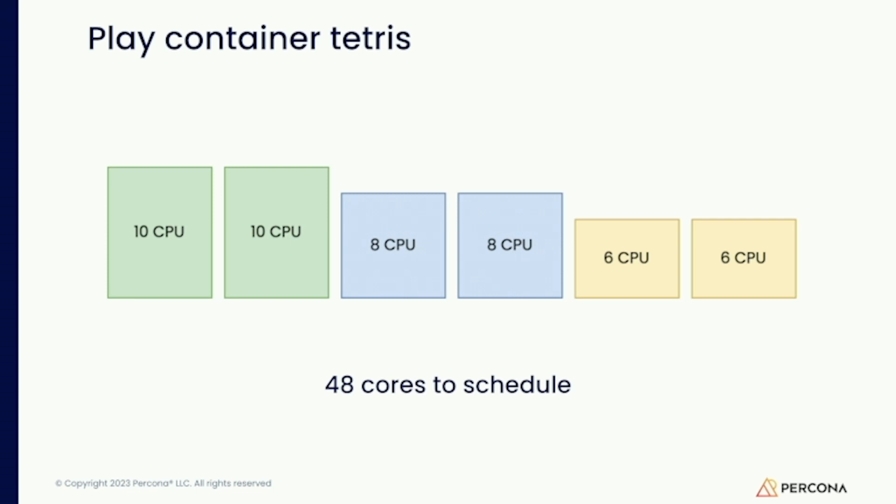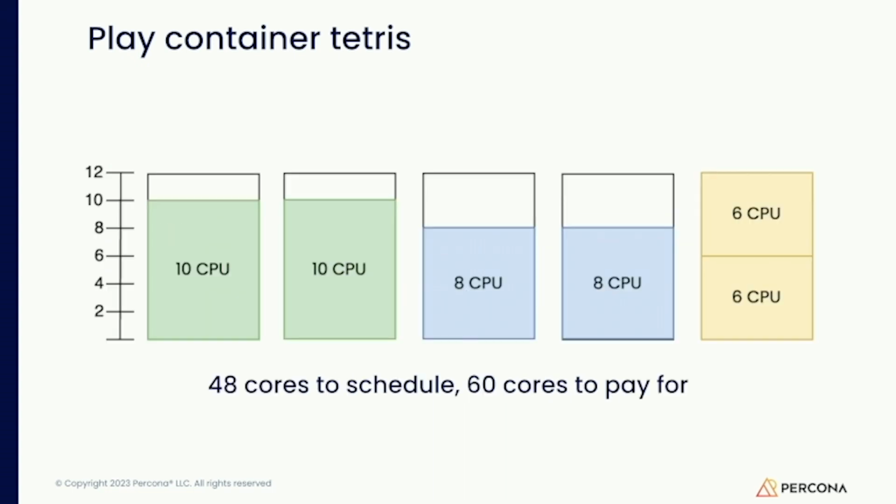So you need resources for 6 containers in Kubernetes. 2 will need 10 CPUs, 2 will need 8 CPUs, and 2 will need 6 CPUs. And if you take worker nodes that have, for example, 12 CPUs available, you will need basically 5 of them. So you will need to schedule 48 cores, but you will need to pay for effectively 60, right?